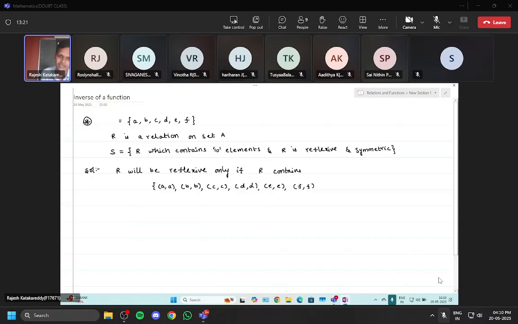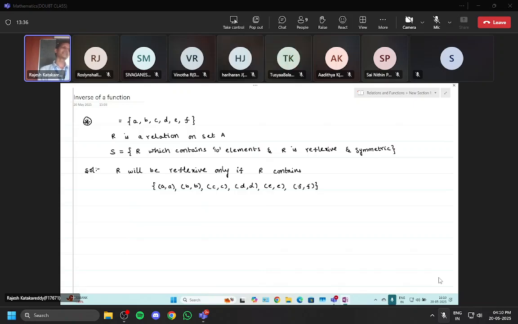So 6 ordered pairs by default should be there in relation R to make it reflexive. Clear? Now there is a chance for 4 more ordered pairs, right?